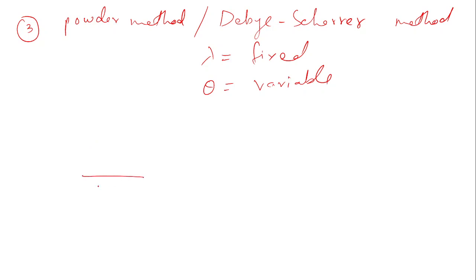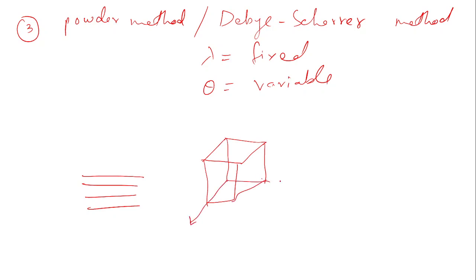Because we know not only one family of planes is there in a crystal, right? If I draw this cube, this is my unit cell for some element, with the z-axis, y-axis, x-axis. Now if I say this front is the 1 0 0 plane, then this is the 0 1 0 plane and the top one will be the 0 0 1 plane. If it's cubic and the same arrangement of atoms is there, then all these three, and in fact the opposite ones also, all 6 will be a family of planes in this case.